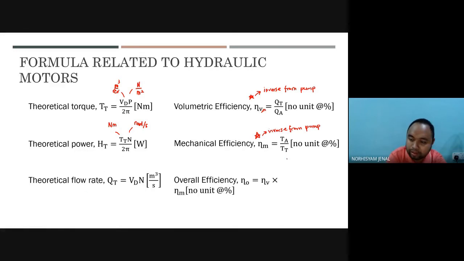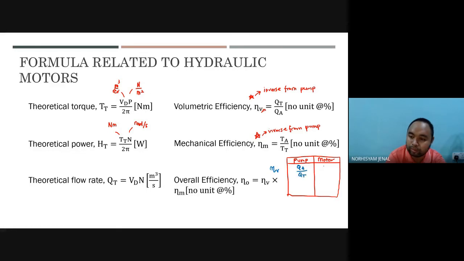Okay. So in case, this is for pump. This is for motor. For pump, volumetric efficiency is equal to QA over QT.